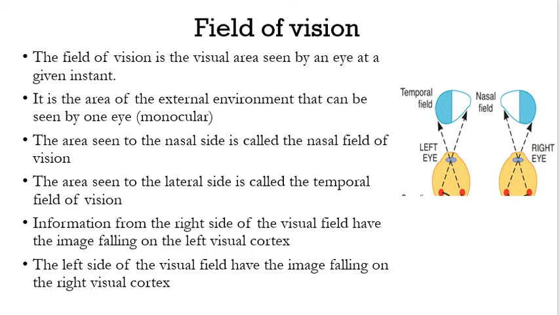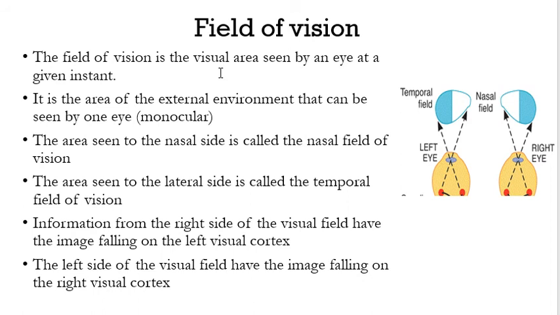First of all, we're going to start with the field of vision. The field of vision is simply what you're looking at when your eyes are open and light is coming in. Where is it coming in from? The field of vision is the visual area seen by an eye at any given instant.